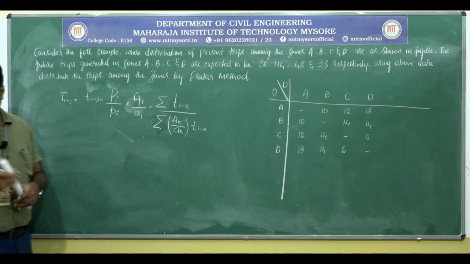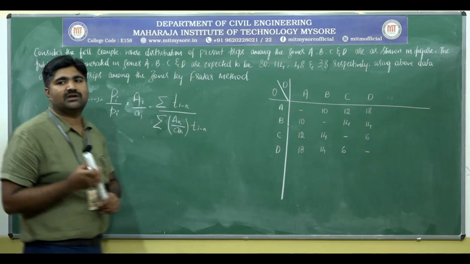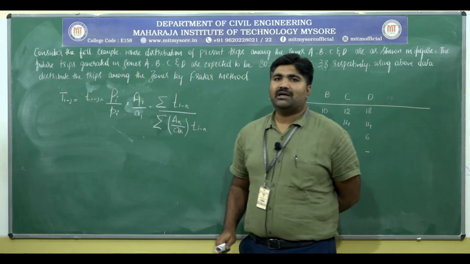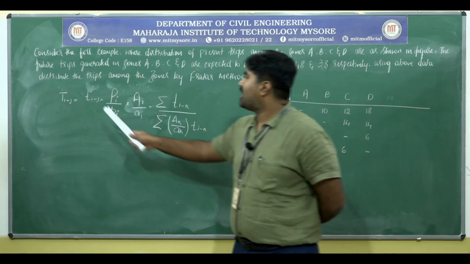Where capital T I to j is the future number of trips between I to j, and small t I to j is the present number of trips between I to j.